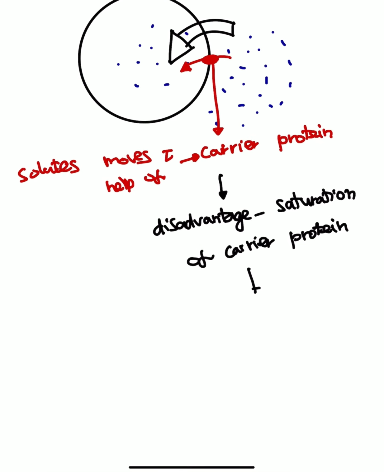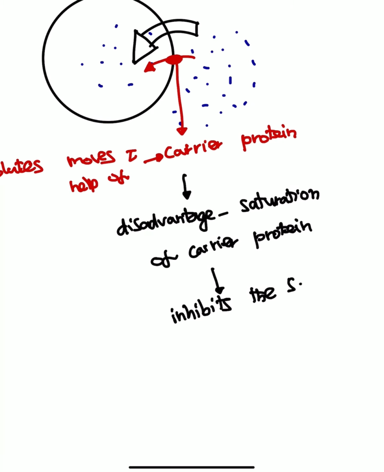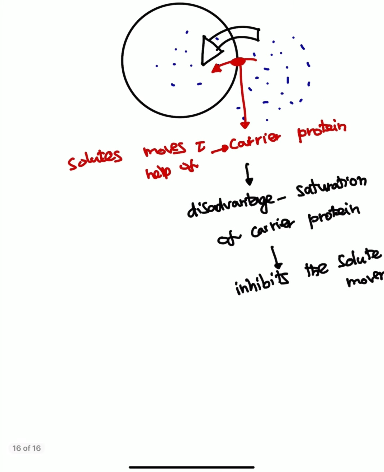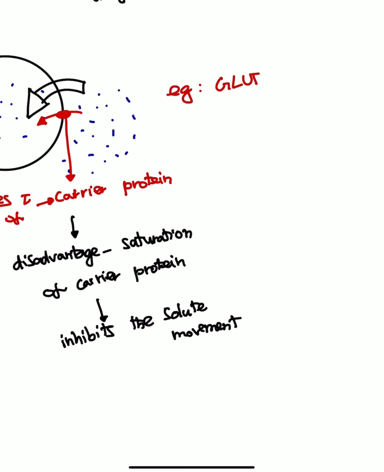So when the carrier protein is saturated, it is going to halt or stop this process of transport, the diffusion process. So one of the examples for carrier protein in the body is glucose transporters. Those are called GLUTs.